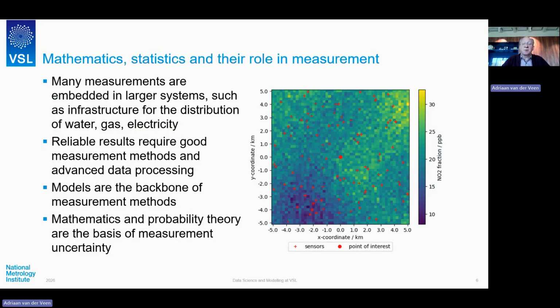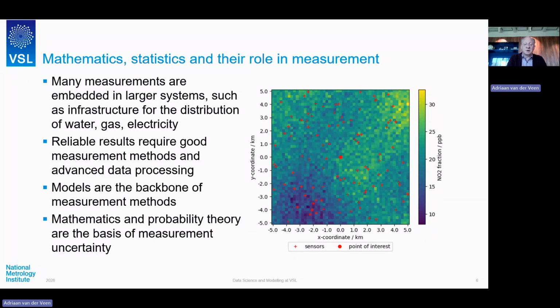Mathematics and statistics play an important role in measurements. Many measurements are embedded in larger systems, such as an infrastructure for the distribution of water, gas, and electricity. And you can imagine that those systems are operated with computers and algorithms. Reliable results require good measurement methods and advanced data processing.